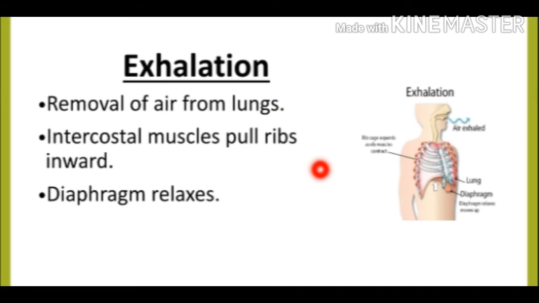You can see that the intercostal muscles are pulling the ribs inward, as a result of which the diaphragm relaxes and moves up, and the air from the lungs that is rich in carbon dioxide is exhaled out of your body. This process is called exhalation.